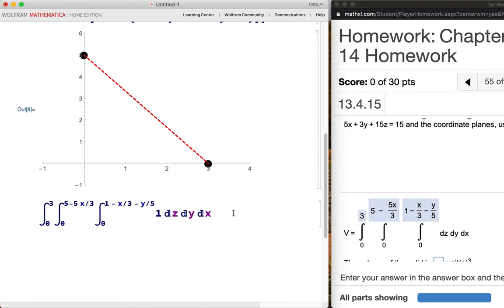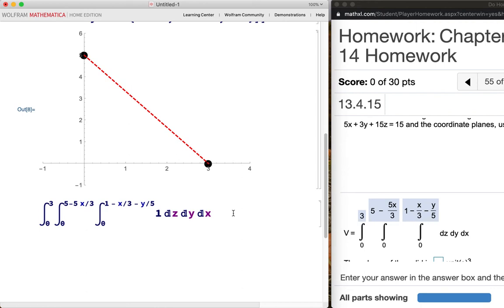Use Mathematica to make things easier, and if you use Mathematica, I'm sure you will finish the homework assignment on time. If you don't use Mathematica, I have no doubt this assignment is going to take you a very long time, and you may not even be able to finish it.